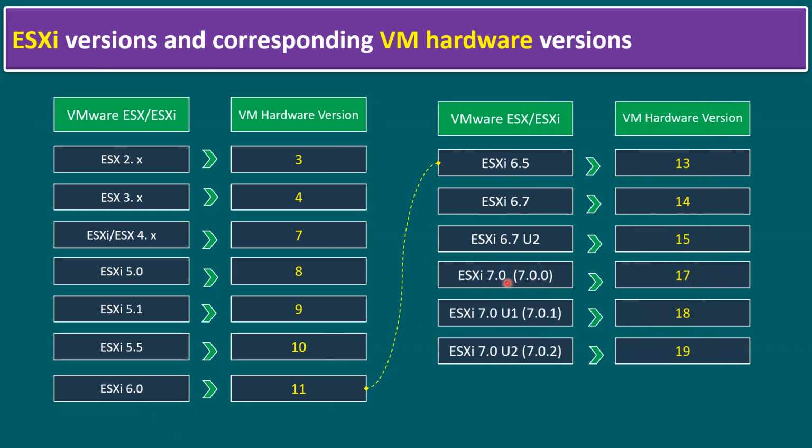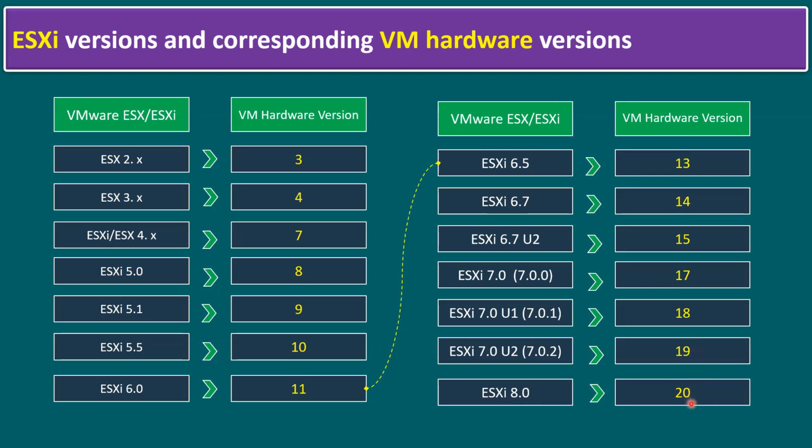When it comes to ESXi 7.0, the initial VM hardware version is 17, with update 1 it's 18, and with update 2, which we can also call 7.0.2, it's 19. Even in 7.0.3, update 3, the hardware version is still the same. For the latest version, ESXi 8.0 and update 1, the virtual machine hardware version is 20.